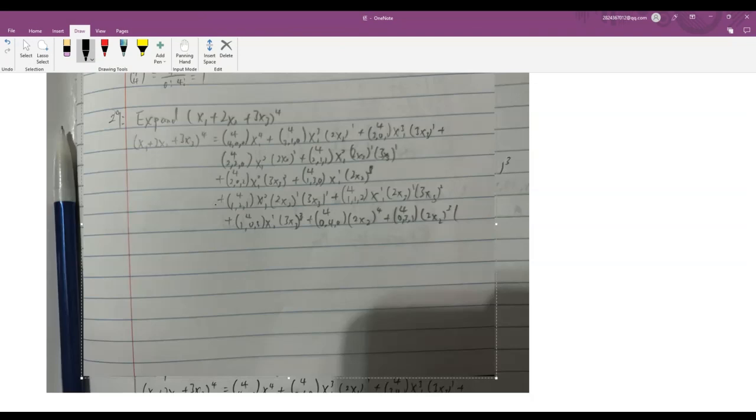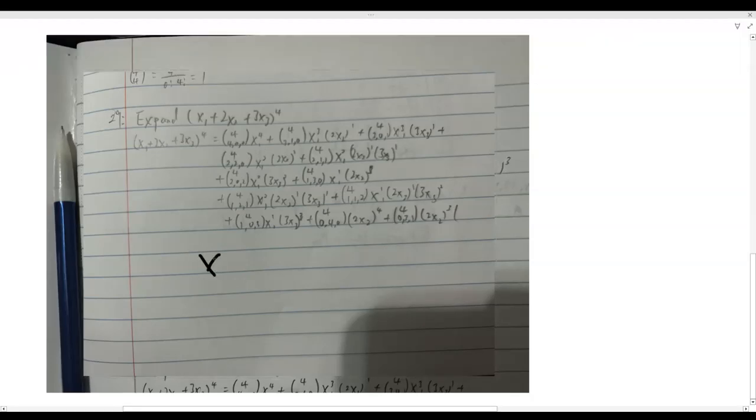So you have 4 choose 0, 4, 0, then that would be x2 raised to 4. Then n3 gets a chance to be 4: 4 choose 0, 0, 4. So I would follow that order.